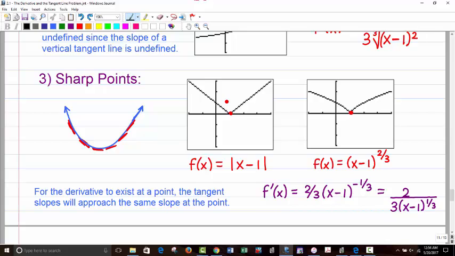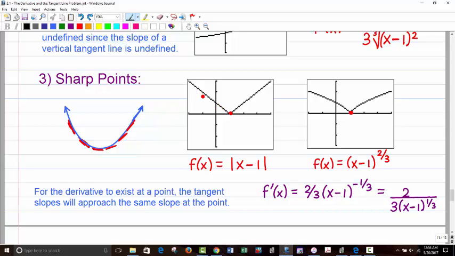The slopes need to be approaching the same value from both directions, and I'll show you why that doesn't work for a sharp point like it does for a smooth one. See, like this one, as the graph comes down you get a sort of negative slope, and then coming from the other way, they're approaching the same slope from both sides. So that's why that's okay.